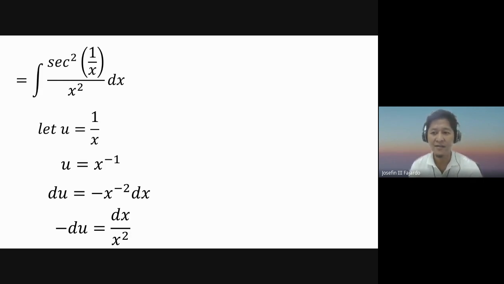Yun ang essence natin. Domino effect na yan. Kapag hindi ka naintindihan isang part, magulo na sa ating pag-intindi. Okay na to? Wala na po bang tanong bago tayo magtuloy?